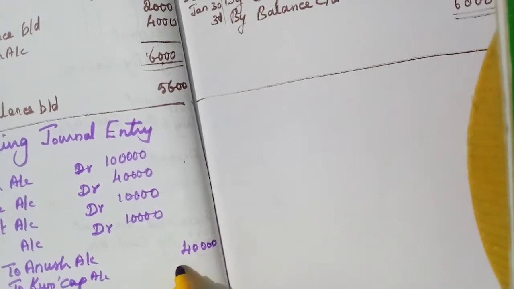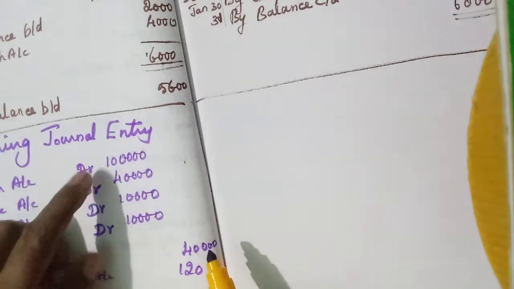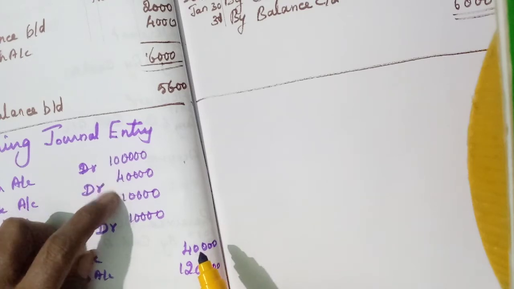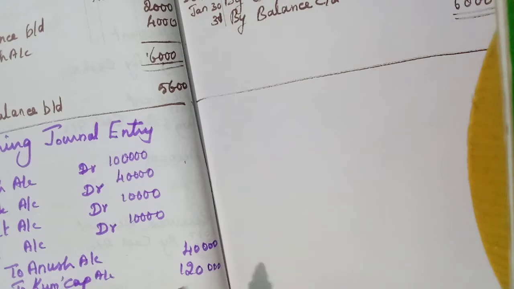Capital 1,20,000. Whether we will get the same amount, we will check. Here 1 lakh, 1,40,000, 1,50,000, 1,60,000. Here 1,60,000. So it is correct.